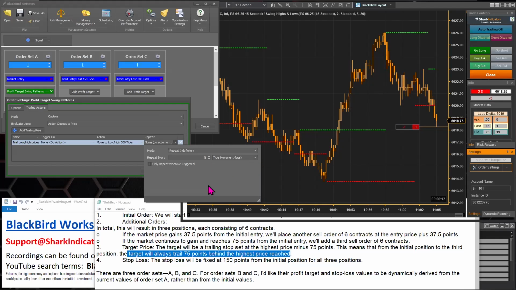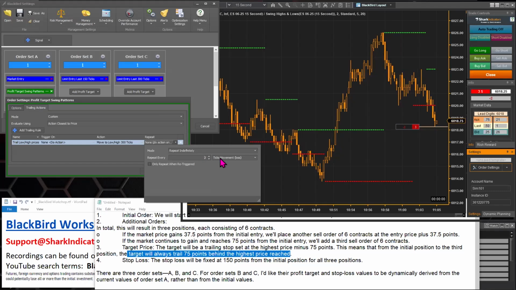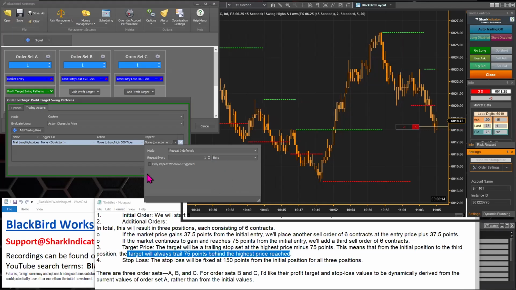But I'm just gonna keep this simple here. I don't think there's any actual practical need to set this on a tick by tick movement here, because these distances are so vast here, my assumption is that we can just leave this on each bar. So each bar closes, then we'll update the profit target there. Right.